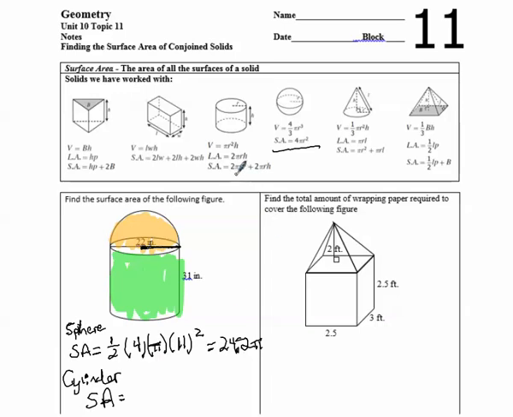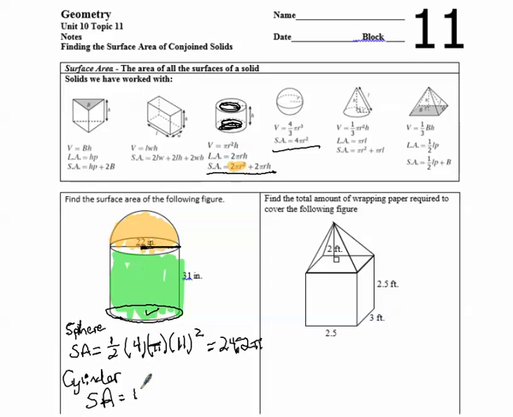If I look at the cylinder here, surface area equals 2 pi r squared plus 2 pi r h. It's this part right here, 2 pi r squared, that's the area of the top and the bottom, because remember, the area of a circle is pi r squared. So one is for the top and one for the bottom. Again, I want the bottom, but I don't want the top.